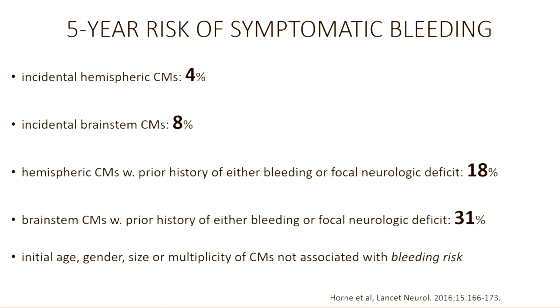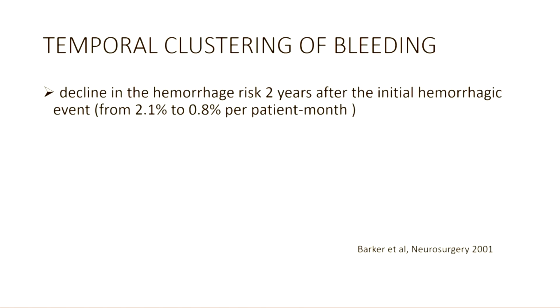There is also a temporal clustering of bleeding. It means that there is a decline of the hemorrhage risk 2 years after bleeding, according to some authors. There is also a probable correlation between the Zabramski classification by MRI and the risk of hemorrhage.